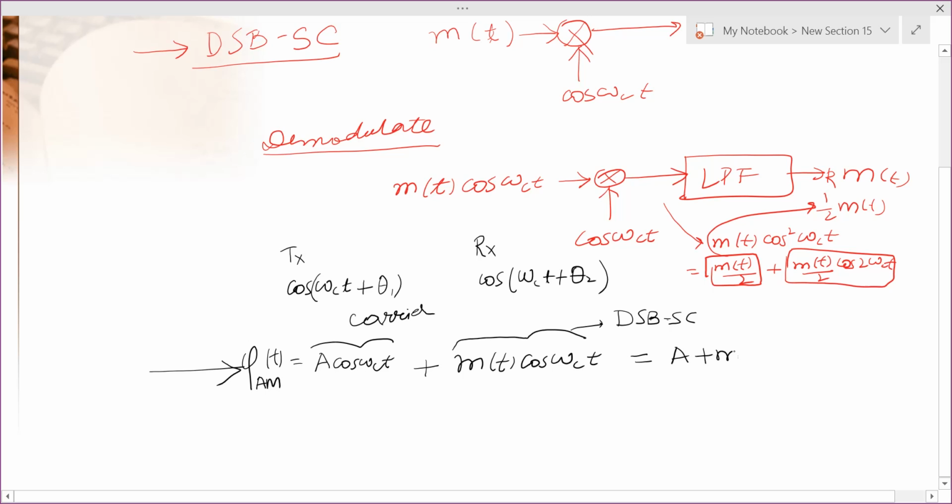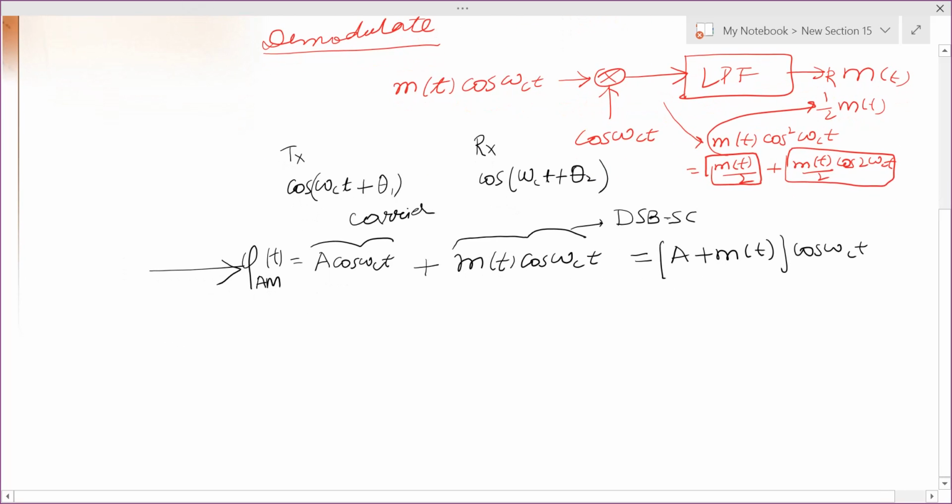So we can write it as A plus m of t, cos omega ct. Now this A is the maximum amplitude of the cosine signal. Its value will matter a lot, we will see it. But right now, what is the Fourier transform of this? It has two parts.